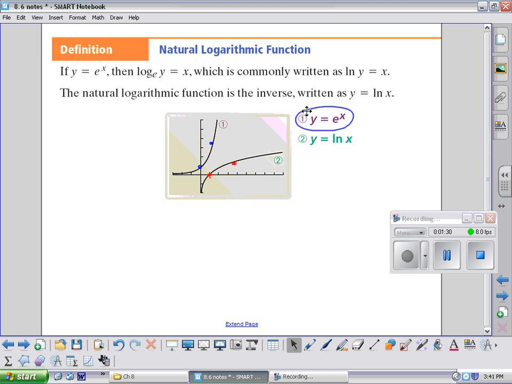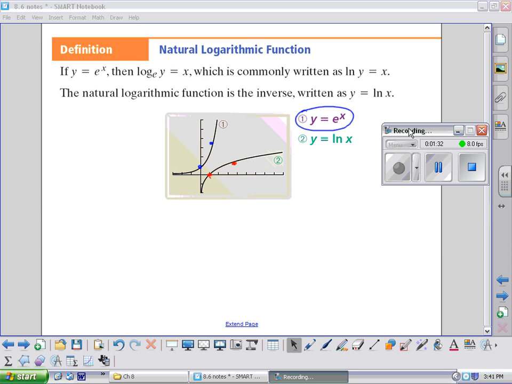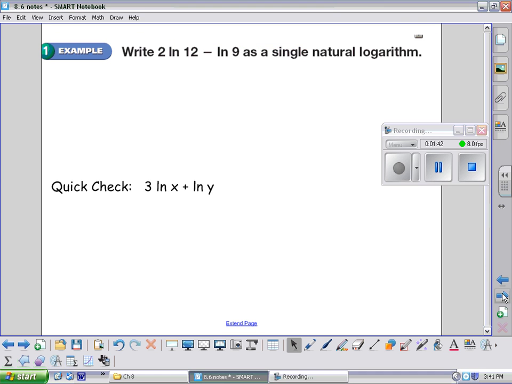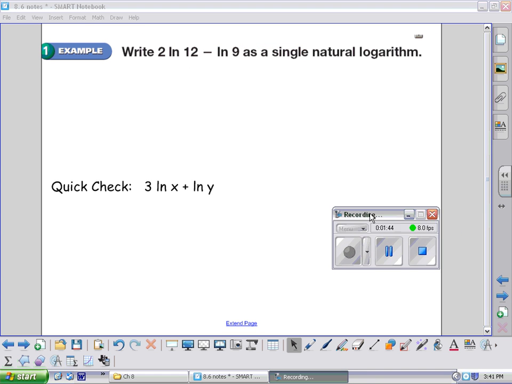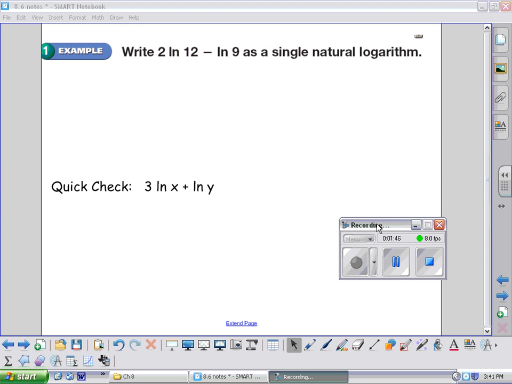Basically, this is more practice from section 5, because all the things we did in section 5 we're now going to do in section 6, but using natural log instead of log base 10. The notation, so this problem really isn't any different.